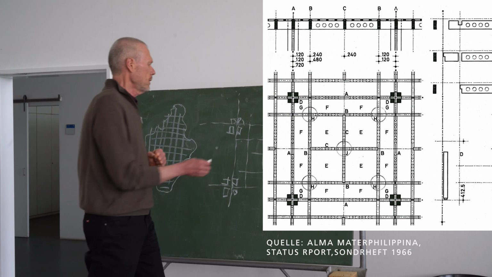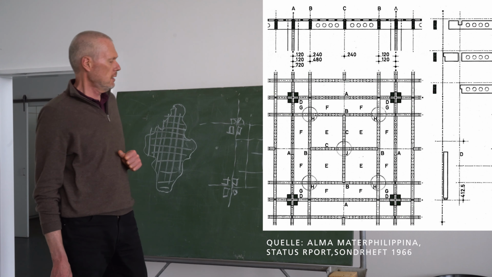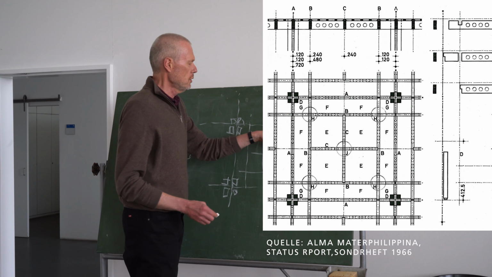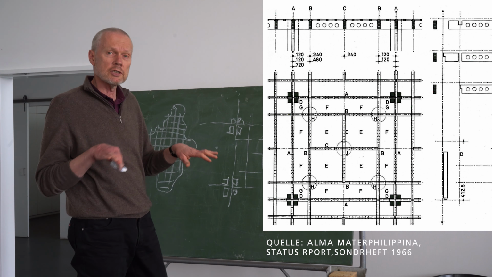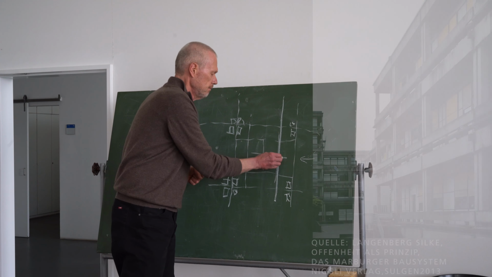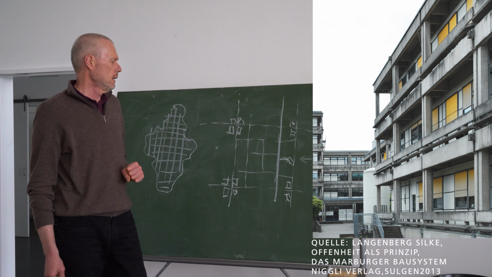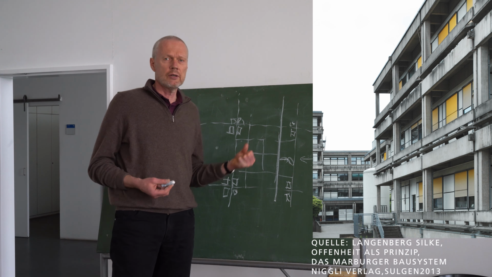And another particularity is that the envelope is situated in this position. So if you look at it from the outside, you see these columns here and the load-bearing structure of the floor slabs exposed on the outside. And here this is a balcony, a fire escape, which contributes largely to the exterior expression of this building.